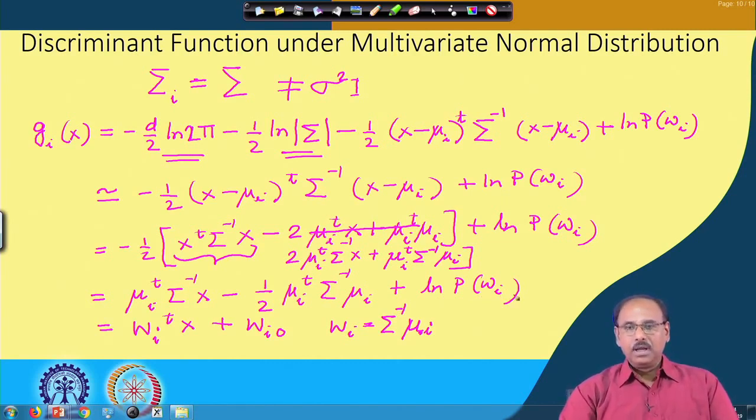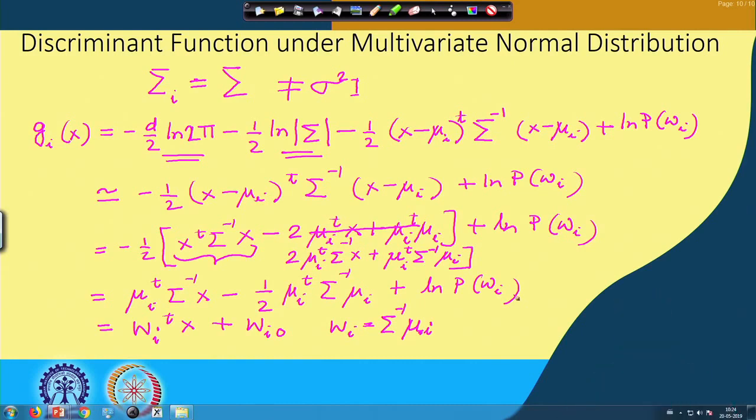So, I will stop here in this particular lecture. Here what we have seen is, starting from the discriminant function, that both in the case where sigma I is of the form sigma square I, and also sigma I is equal to sigma, our discriminant functions are linear. In case of sigma I equal to sigma square I, we have seen that the decision surface is also linear and the decision surface is orthogonal to the line joining mu I and mu j.